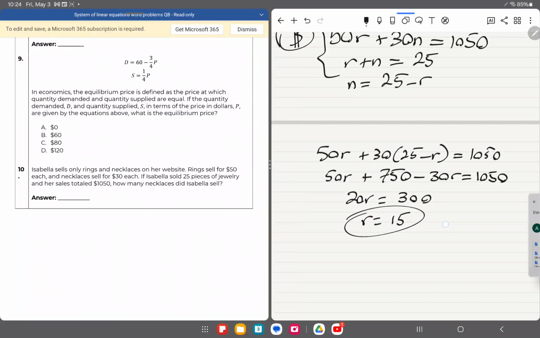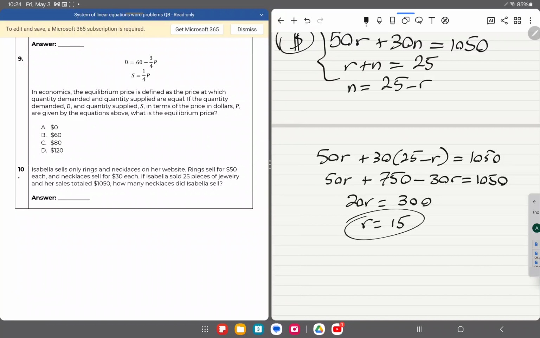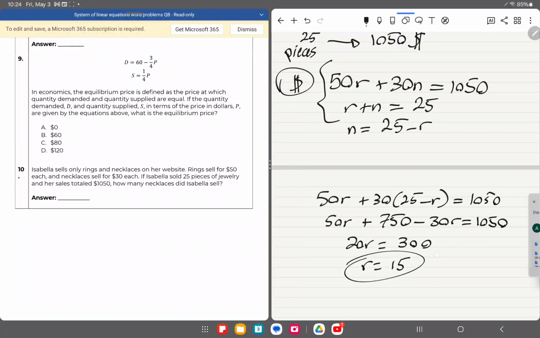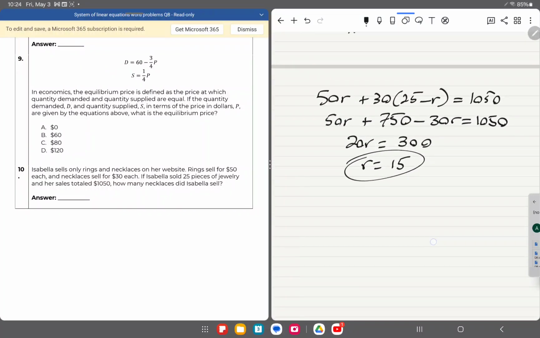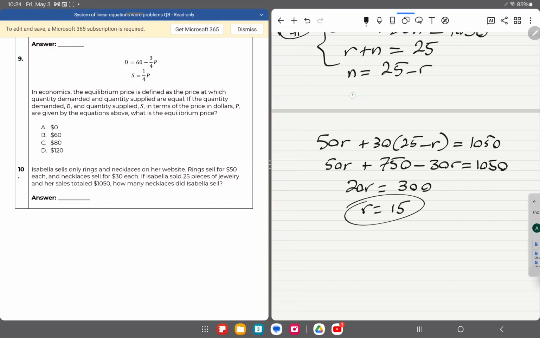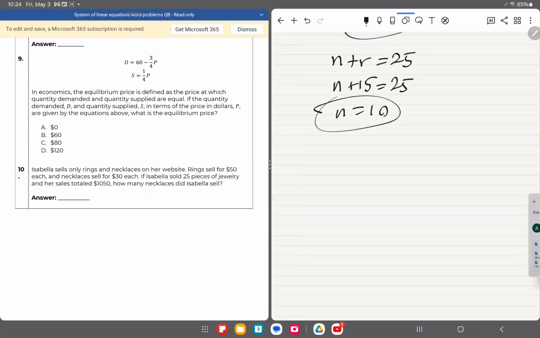Okay, do the exact opposite. If you want to get N, make N the variable you isolate. Sorry, I made a mistake up there. If you want to make it shorter, put R is equal to 25 minus N. If you want to get the necklaces, make sure the variable you're solving for is N. So N plus R is equal to 25. N plus 15 is equal to 25. N is equal to 10. Sorry, guys. Okay.